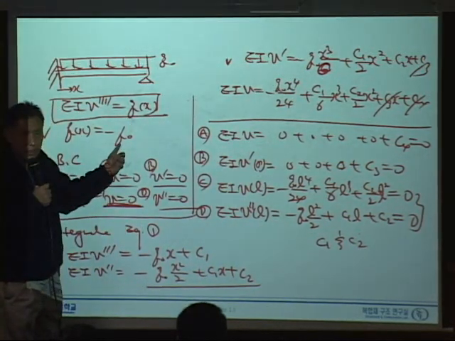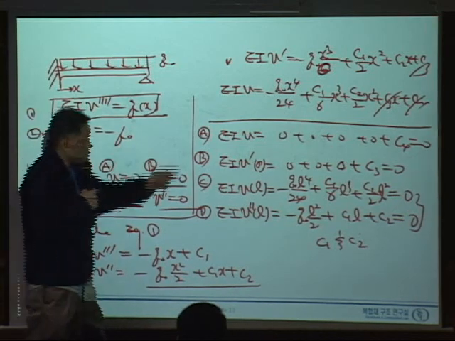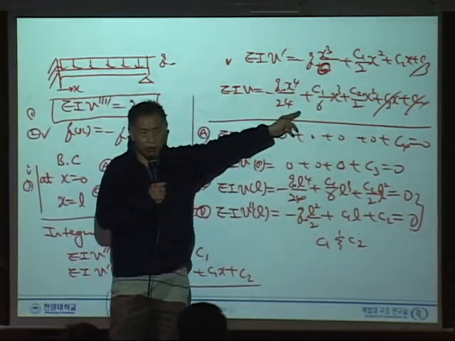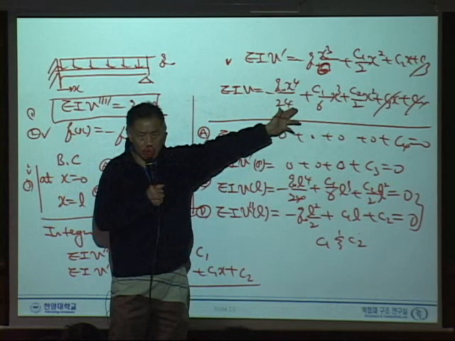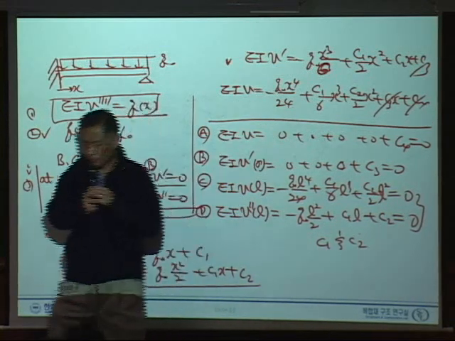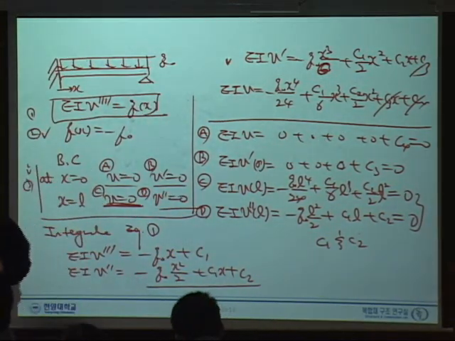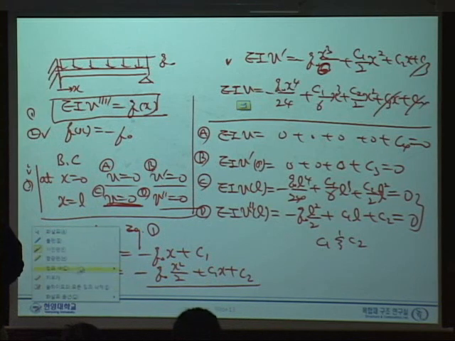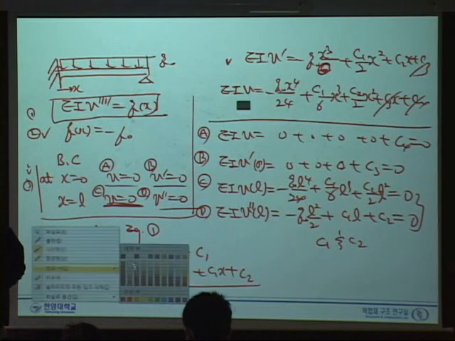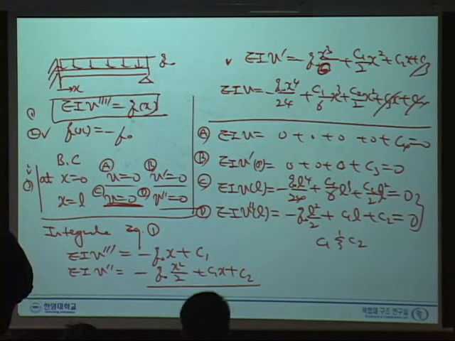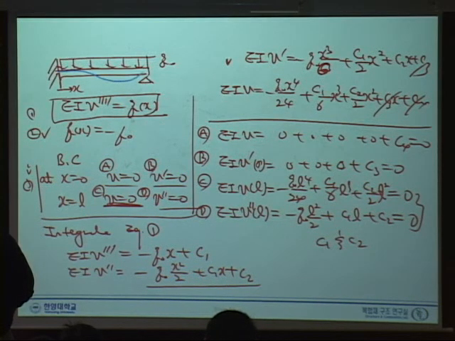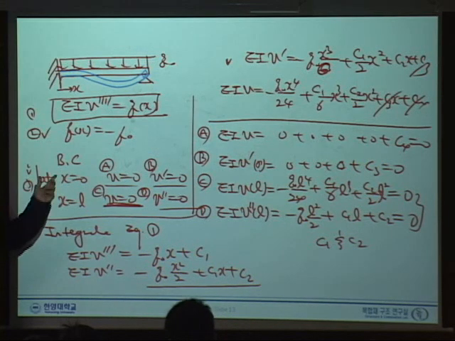Starting with a constant, you integrate 1, 2, 3, 4 times, you come up with x to the fourth power, right? And if you plot them, the deflection will be something like that.